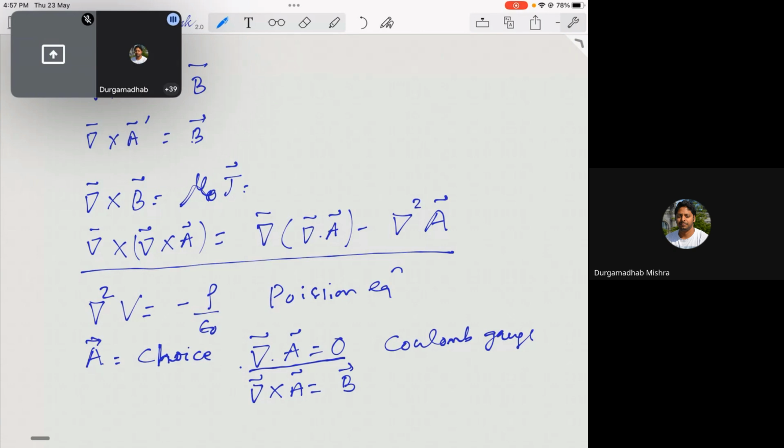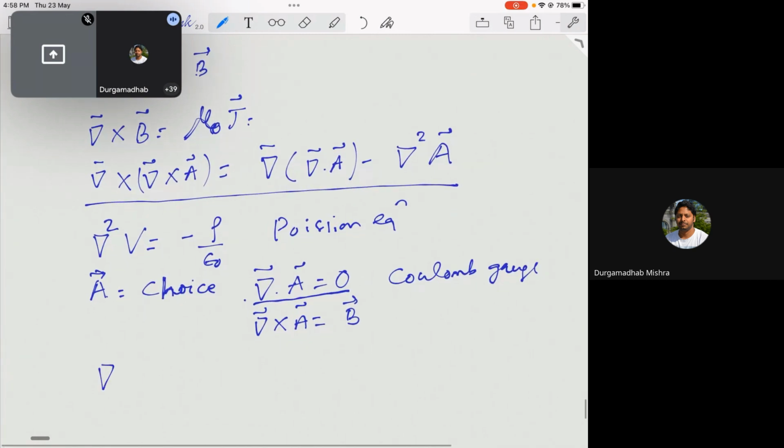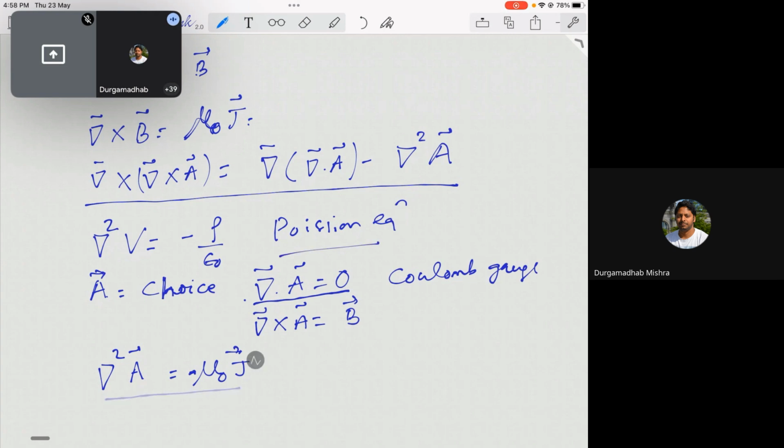Since our choice of the vector potential is such that del dot A will be 0, we can then simplify Ampere's law in terms of the vector potential. Del square A will be equal to minus mu naught J. This is similar to your electrostatic potential, where we defined a Poisson's equation. So here also we are writing a similar equation.